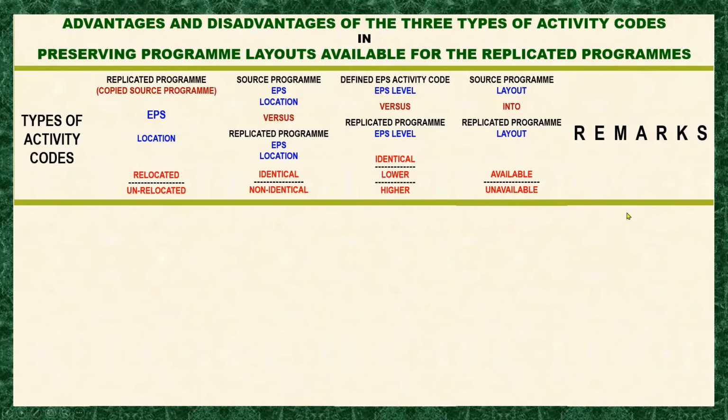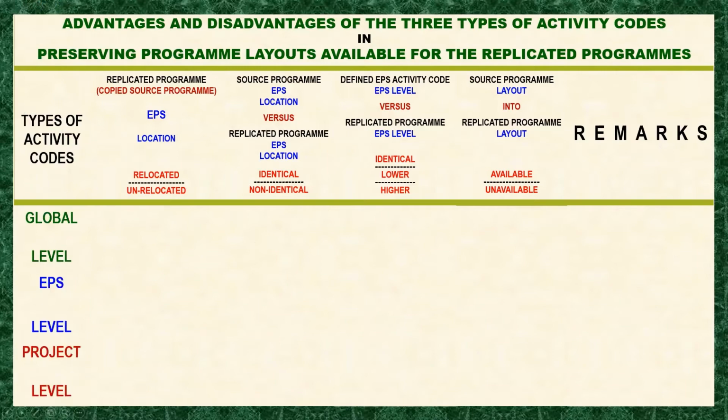Here are the remarks where we can say something about what we analyzed in this trial and error method of analyzing the different types of activity codes. Now here are the three types of activity codes. We have the global level type, the EPS level, and the project level.